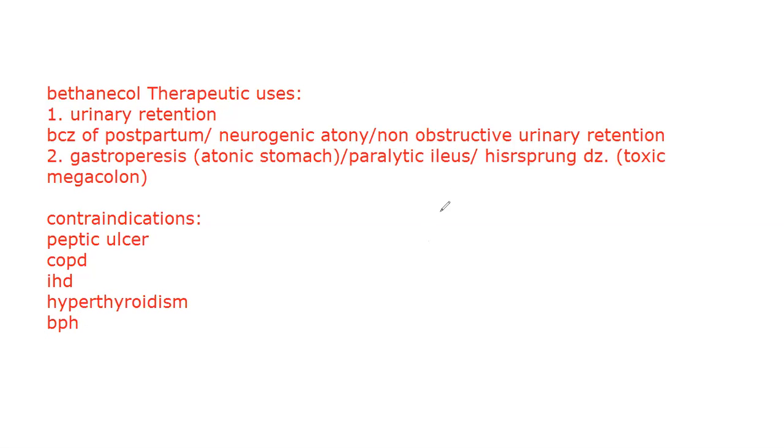This is the male urethra, and this is the prostate gland. This prostate gland is so enlarged that it compresses the urethra, so the urethra is already so narrowed that there is no space.